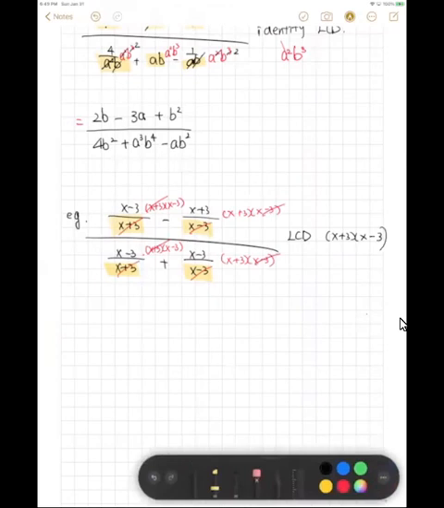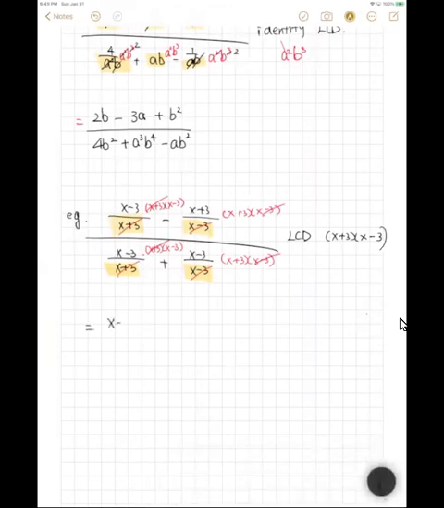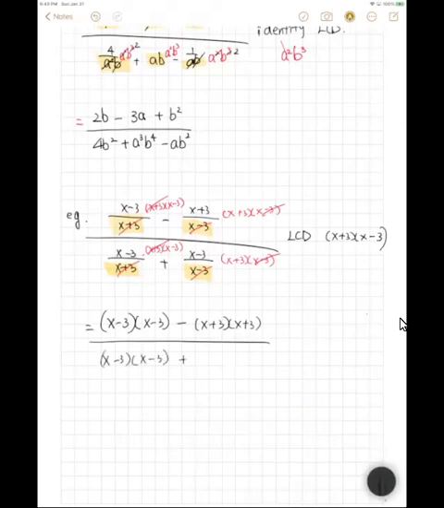So what remains is x minus 3 in parentheses times x minus 3, minus x plus 3 times x plus 3, all over x minus 3 times x minus 3 plus x plus 3 and then x plus 3.